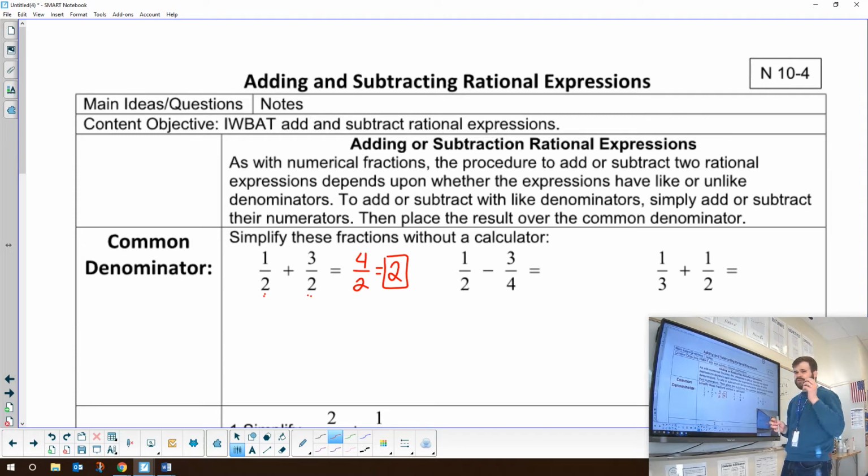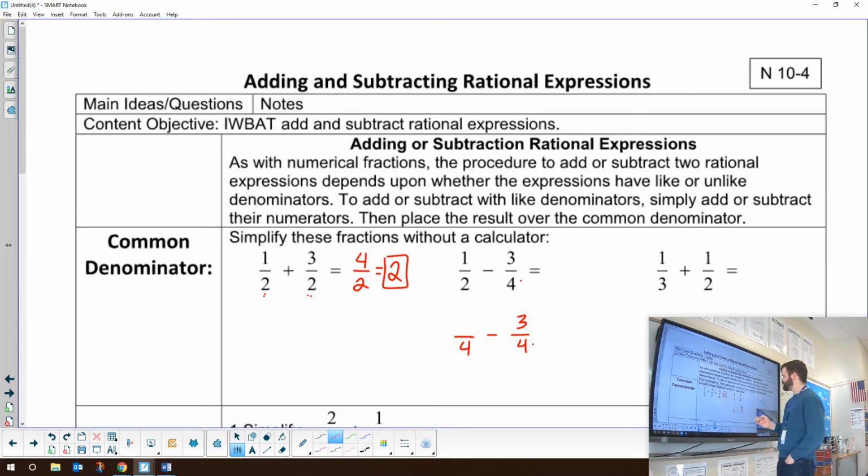Now, we're looking for the least common denominator, so the smallest denominator that both of these can go into. So in this case, my common denominator is going to be 4. So we're going to try to change this 2 to a 4 and this 4 to a 4. Now, of course, this 4 already is 4, so I don't have to change this fraction at all.